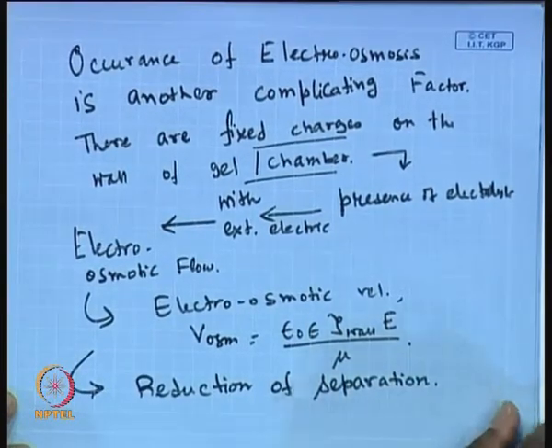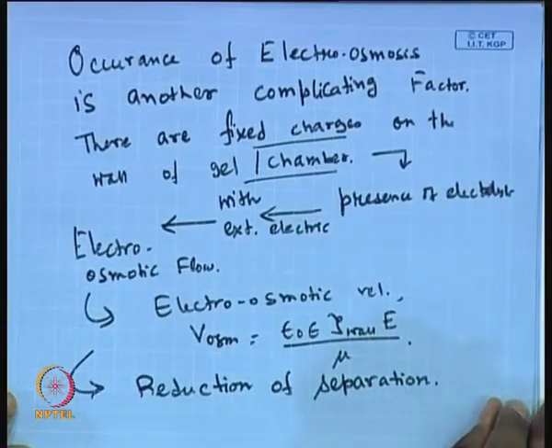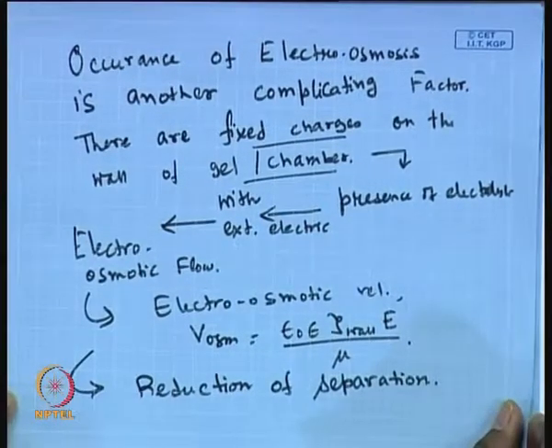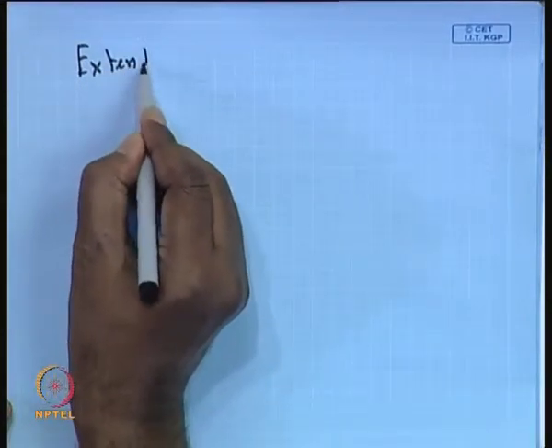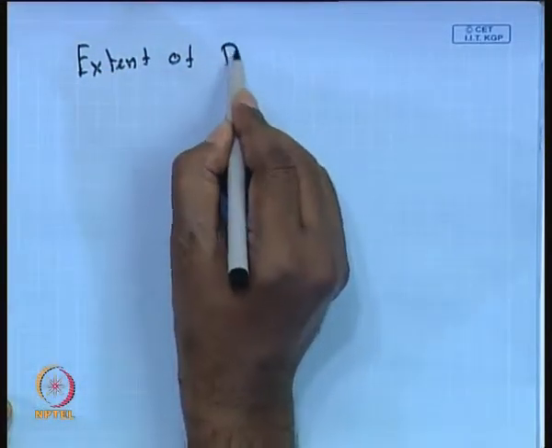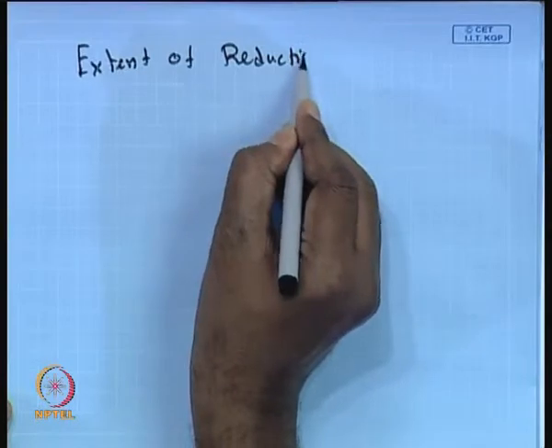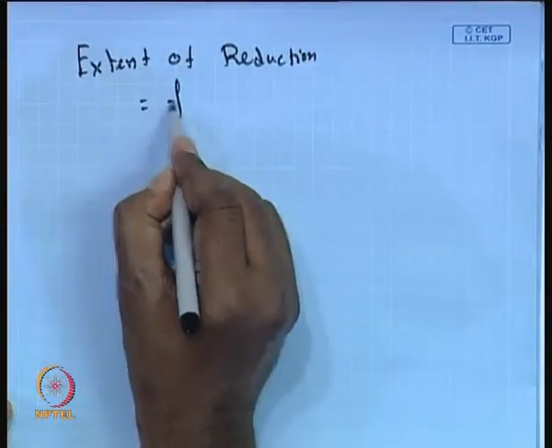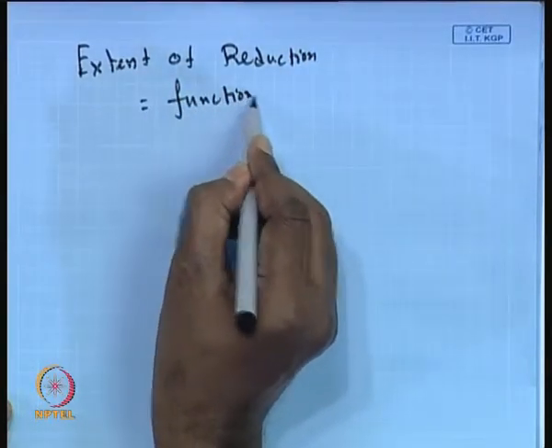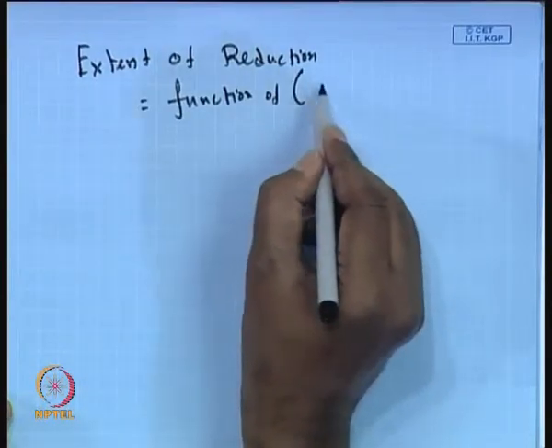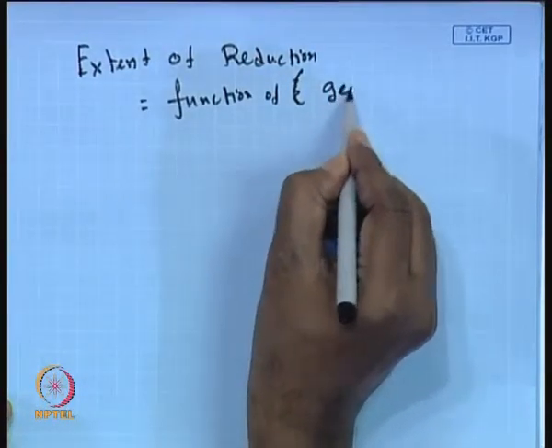Okay. And the extent of reduction becomes a function of the geometry of the flow channel.